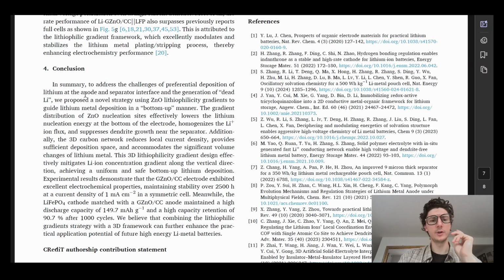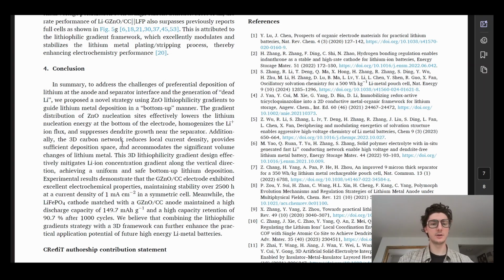Conclusion. In summary, to address the challenges of preferential deposition of lithium at the anode and separator interface and the generation of dead lithium, we propose a novel strategy using zinc oxide lithophilicity gradients to guide lithium metal deposition in a bottom-up pattern. The gradient distribution of the zinc oxide nucleation site effectively lowers the lithium nucleation energy at the bottom of the electrode, homogenizes the lithium ion flux, and suppresses dendrite growth near the separator.